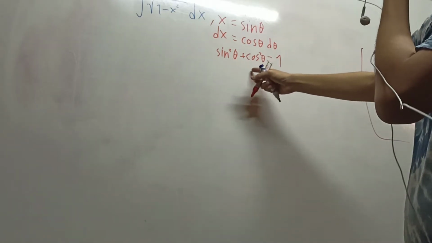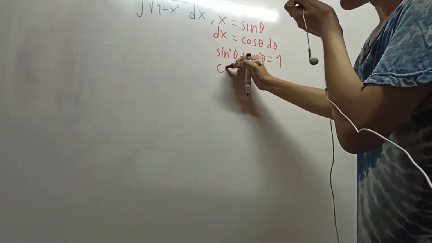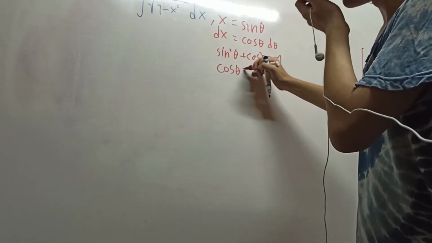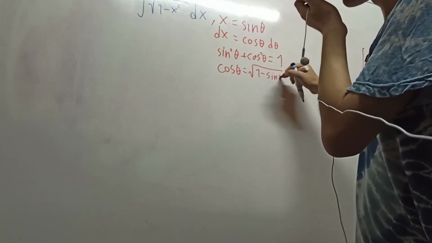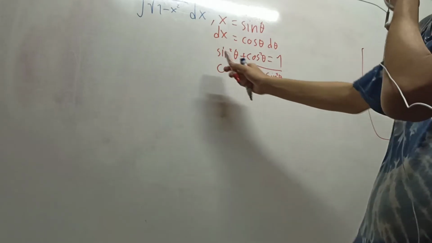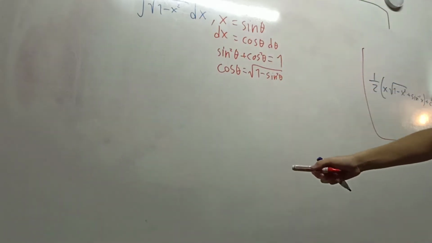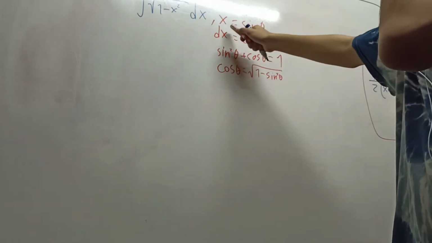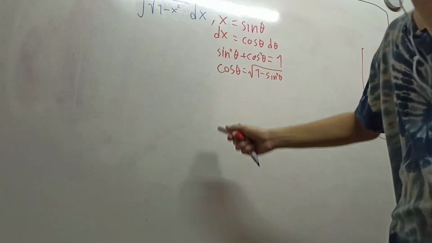And because of this, we move it around, and we actually get cosine theta equals the square root of 1 minus sine theta squared. And if you look at it carefully, this thing is exactly the same as this thing when x is equal to sine theta, which means if we replace x with sine theta and we put it in here, the whole thing is equal to cosine theta.